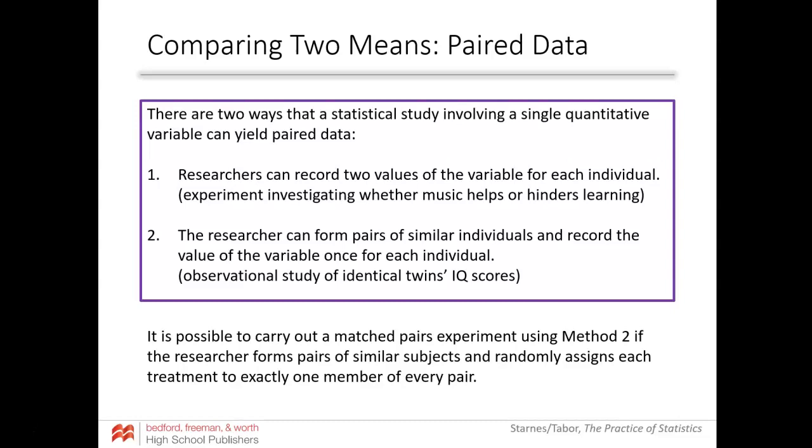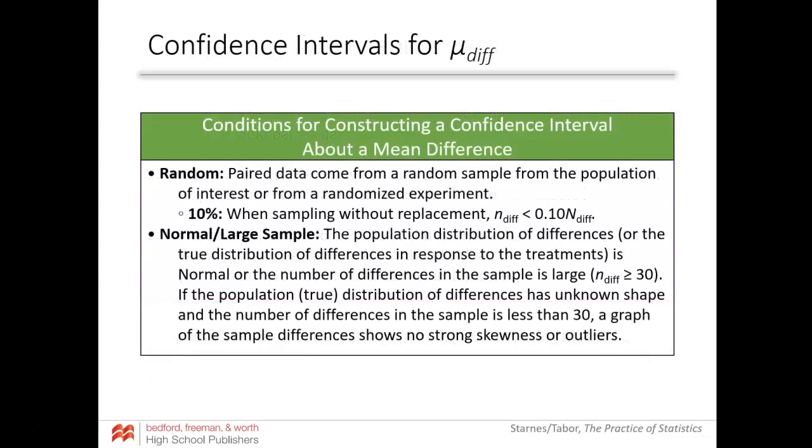And then you randomly assign which person gets treatment A versus B. Okay, so if you're running an experiment, that's the part that's randomized. You don't randomly pair them, you purposefully pair them. You randomly assign them the treatment. All right, so surprise to no one, we got conditions, and they're the same conditions. So random data, random sample is how we pair the data.